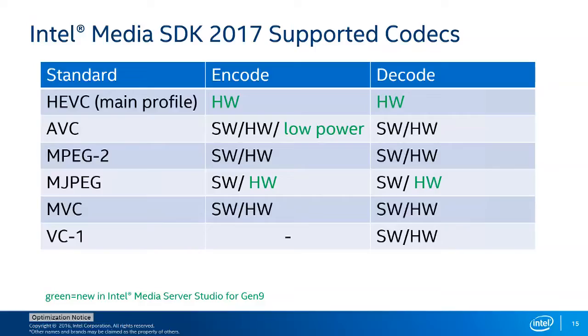So 10-bit support is coming, but it's not fully enabled yet. Also, the motion search doesn't have the full range that is part of that HEVC spec. The Skylake generation is still using relatively limited AVC motion search.